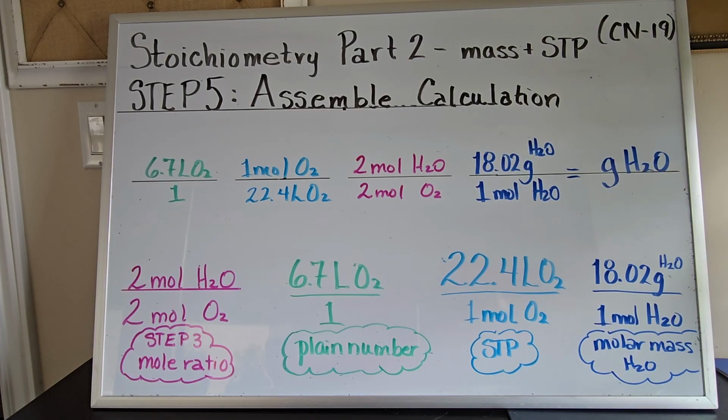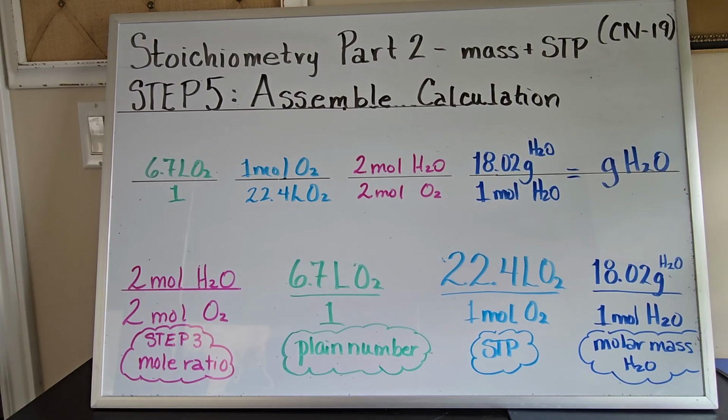Now for step 5, let's go ahead and finish our calculation, assembling our unit factors. Let's remember our goal: the units and label on the right-hand side, that is our answer, must look exactly the same as the units and labels once we've finished all our cancellations on the left-hand side.